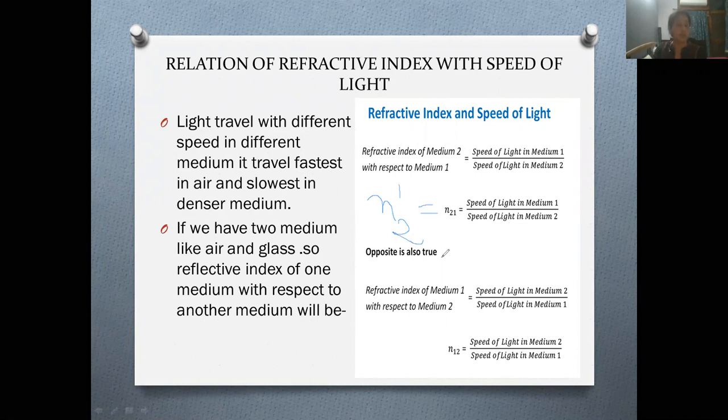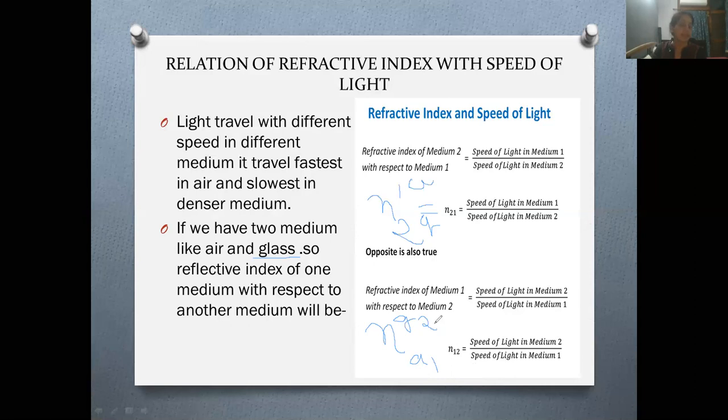The opposite is also true. Means if the light travels from glass to air, the first one is air to glass, this is air and this is glass. Now the refractive index of a medium when the light is traveling from glass to air, that is from medium 2 to 1, then the speed of light at the top is the speed of light in medium 2 upon the speed of light in medium 1.